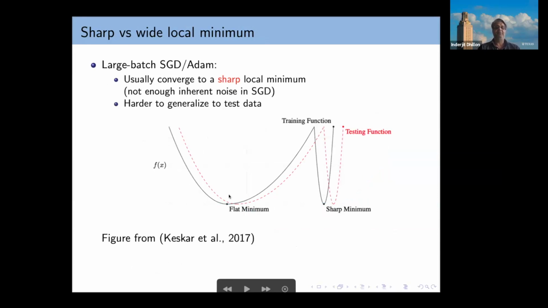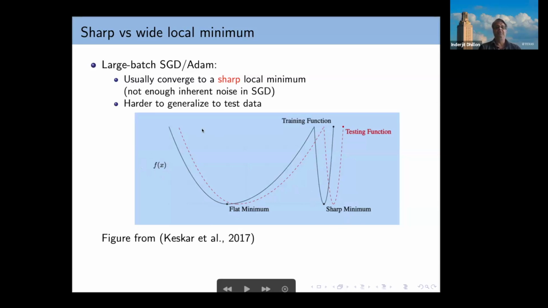And people have done some studies. This is an old study, but it still says that when you use large batch SGD or Adam, remember now, we are training deep neural networks, so we are no longer in the regime where there is just one minima. The loss surface can be riddled with multiple minima.